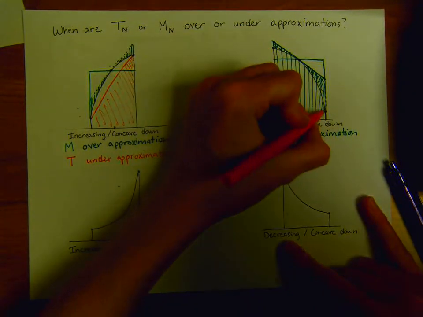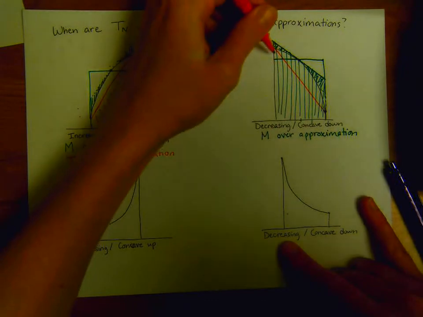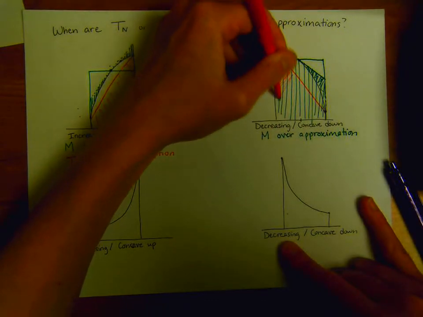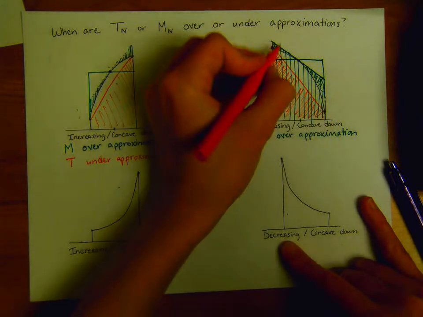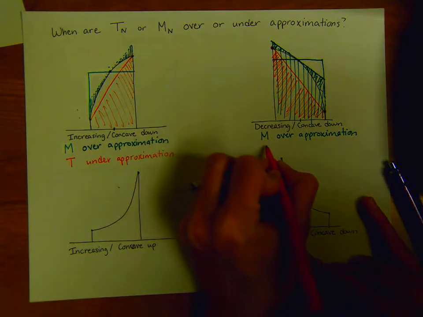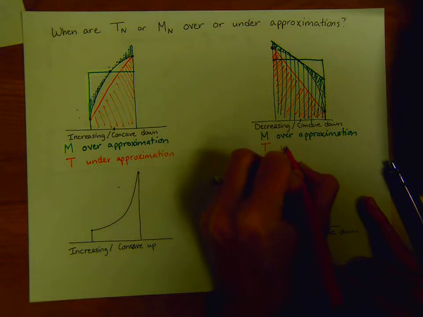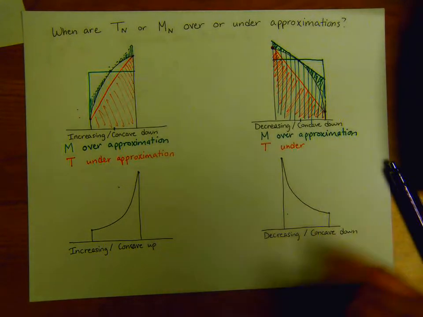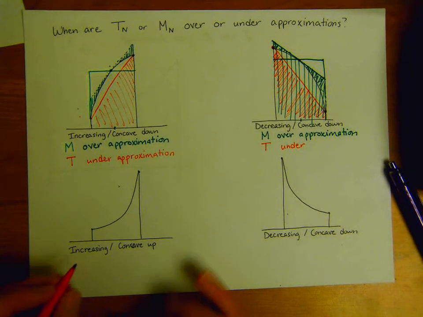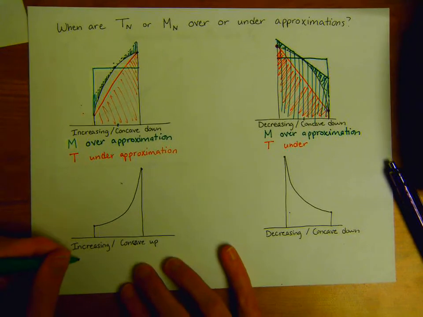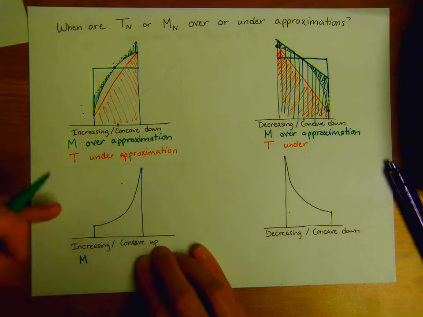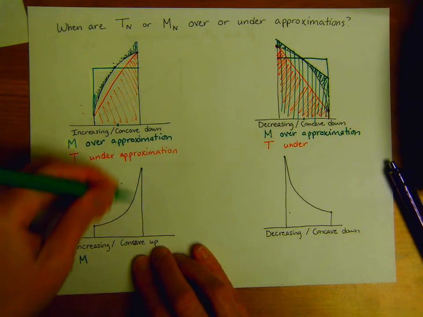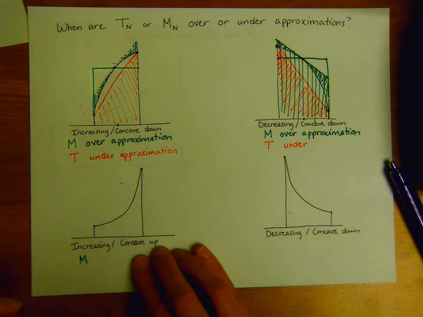Whereas using just the trapezoid rule, again, the trapezoid is the average of the end points as the height. So in this case, it's going to be an under approximation. Finishing up, for these increasing concave up functions, you know it's concave up because it can hold water. It's sort of half of a parabola facing up.